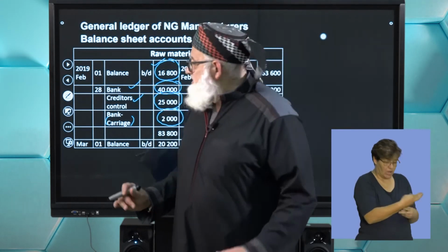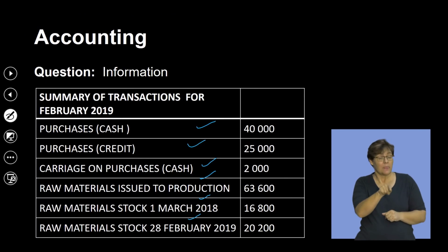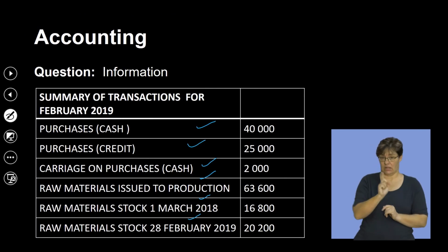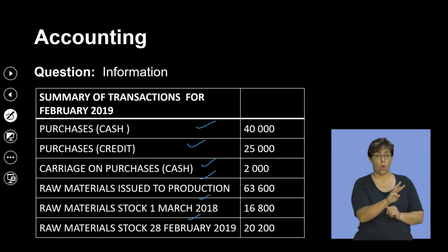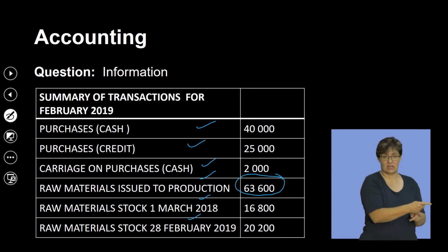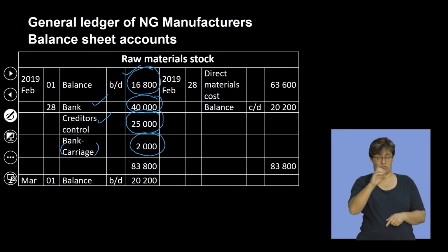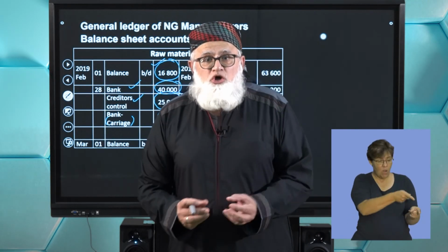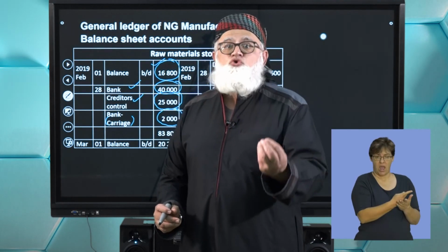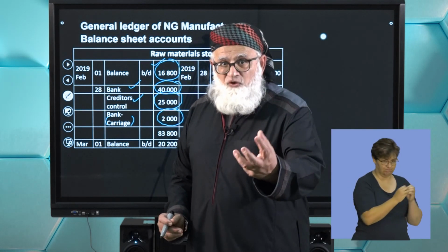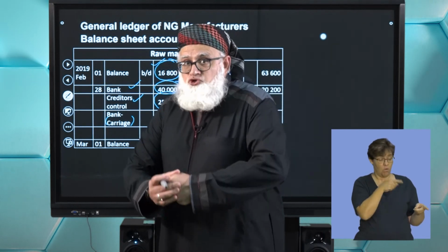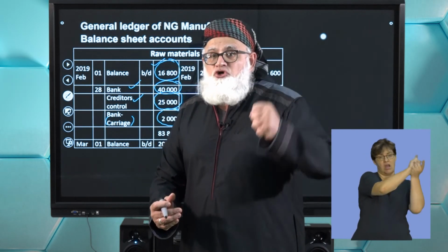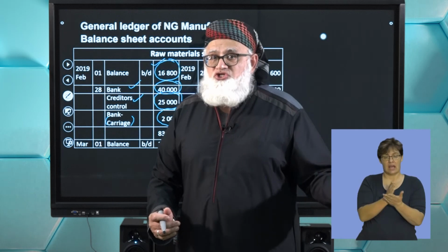In this particular example, you are told that your raw materials issued to production amounted to 63,600. Immediately you know that that is your direct materials that were actually used to produce the goods that you were manufacturing. Therefore, you took those goods and you transferred them into your direct materials cost account.